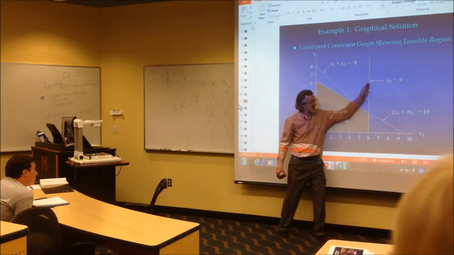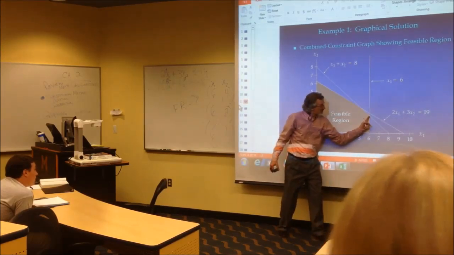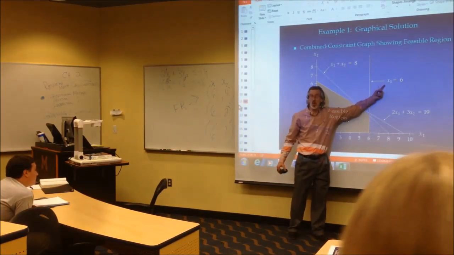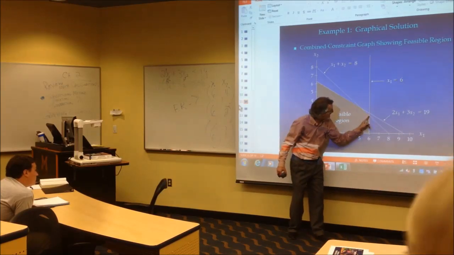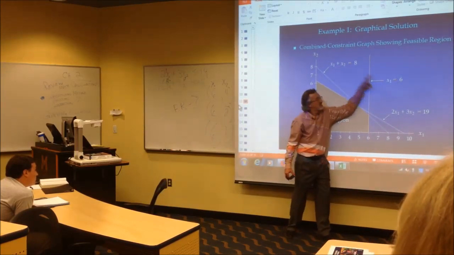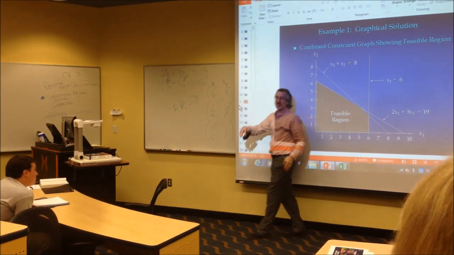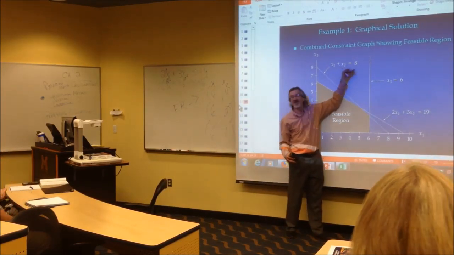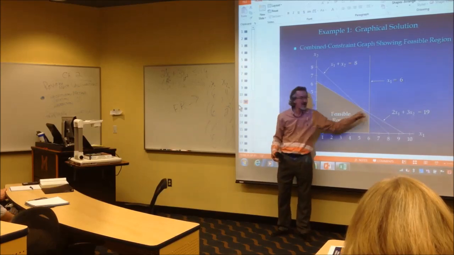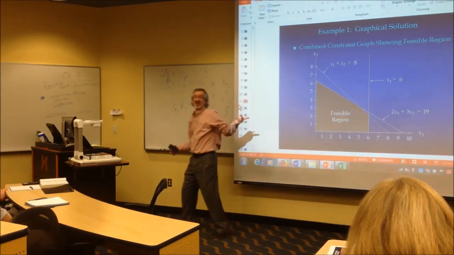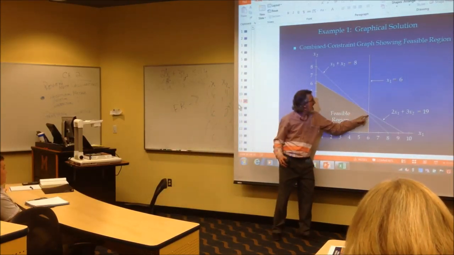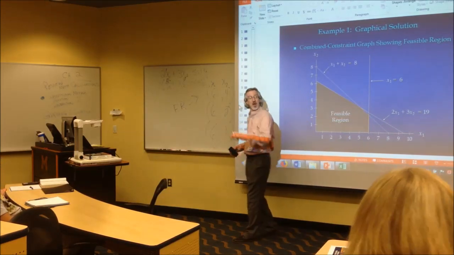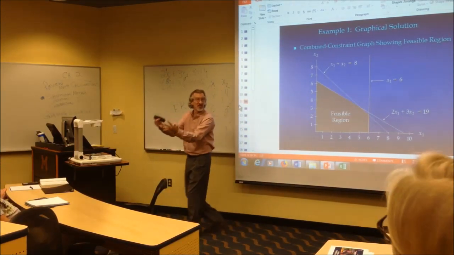Well, we know it's 6 something. So we're going to take the equation x1 equals 6, and then that equation is this one. It's very easy to use the substitution method: x1 equals 6, just plug a 6 in there, figure out what x2 is, and you know that point. Then I could plug in that point and that point into my objective function and figure out which one gives me the bigger objective function value.